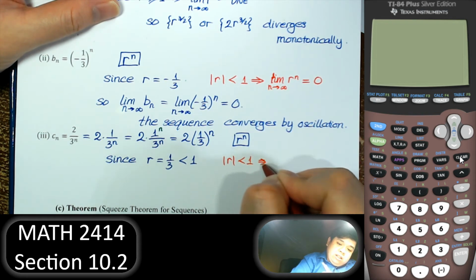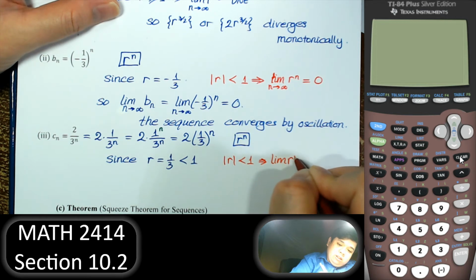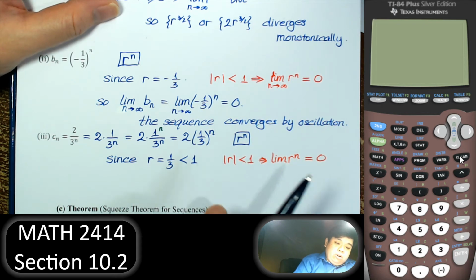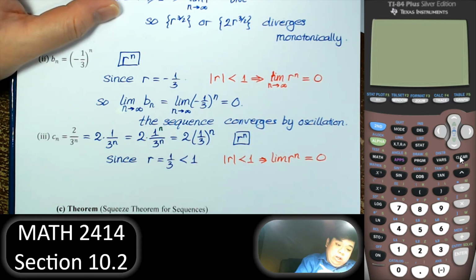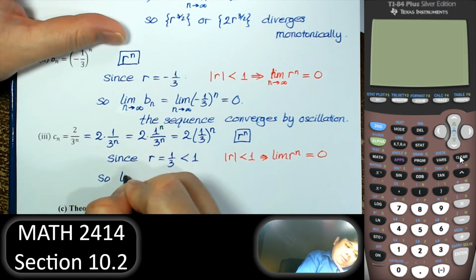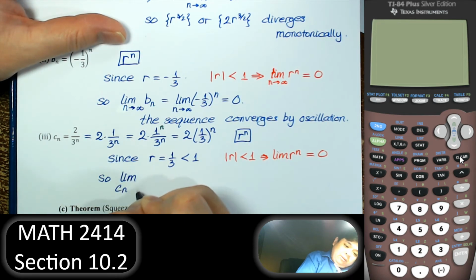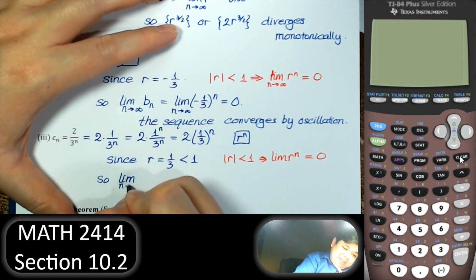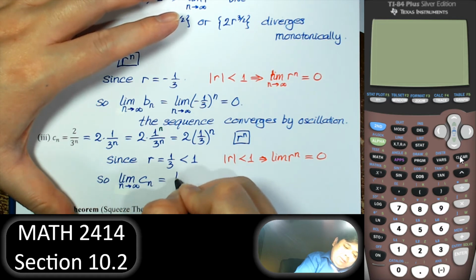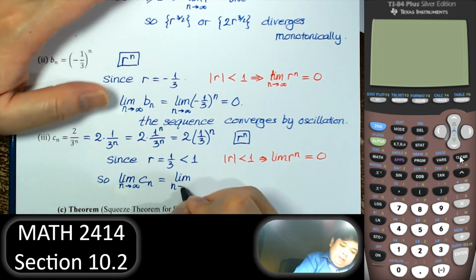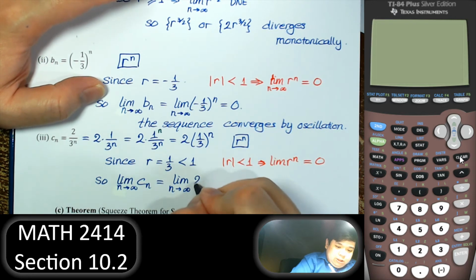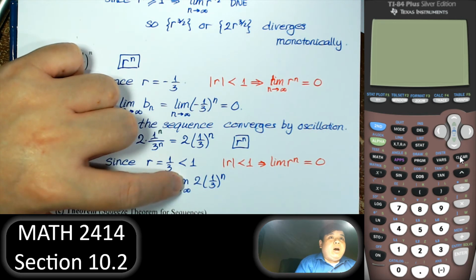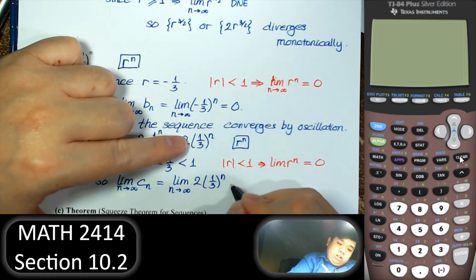So this is the case, so the limit is equal to 0. Now, if that equals 0, multiplied by 2 will still equal 0. So I will take the 2 outside.